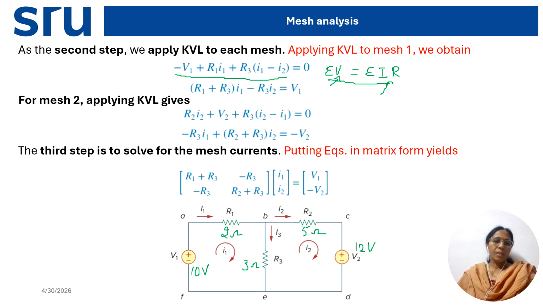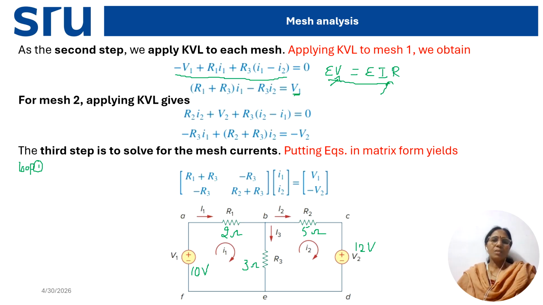See here, in loop 1, shall we discuss the same? When minus is taken as common in the equations we wrote in the previous slide, we can write the equation like this. Only a single voltage is there, so I have taken the algebraic sum of voltage equals, and the IR drops on the other side.